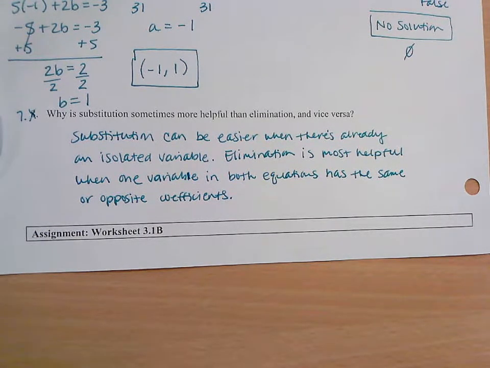But like I said, on your assignment in the directions, I will ask you, because I want you to practice both. So it does ask you for the first 4 to use substitution. And then it asks you on the back side for 6 through 9 to use elimination. For questions 5 and 10, those are questions that require you to set up a system of equations.